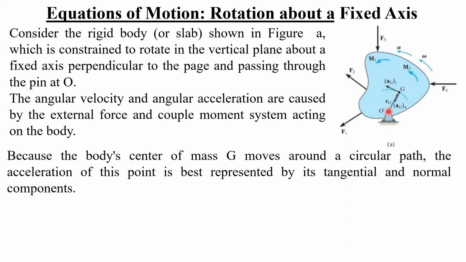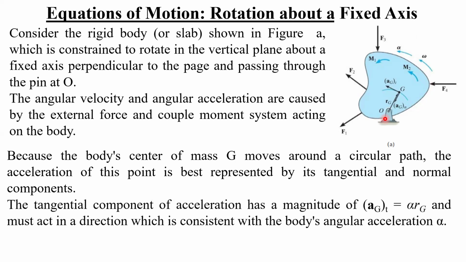Because the body's center of mass moves around a circular path, the acceleration of this point is best represented by tangential as well as normal components. The normal is always directed towards the center of curvature, while the tangential is always tangent to the path.